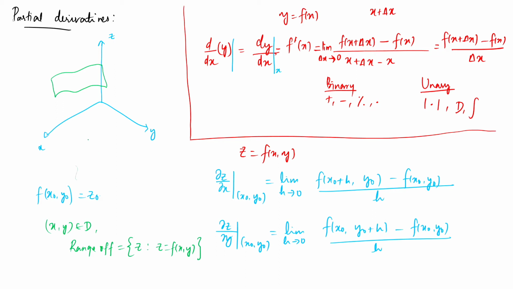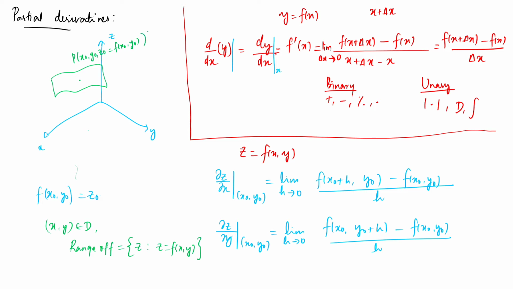In a three-dimensional thing, you will have to imagine these things. You will have a surface in a space. Suppose this is your point x naught, y naught, and corresponding to this x naught, y naught, you will have a point z naught which is here. So when you plot this in a three-dimensional thing, you represent this as x naught, y naught, z naught. Your z naught is nothing but f of x naught, y naught.